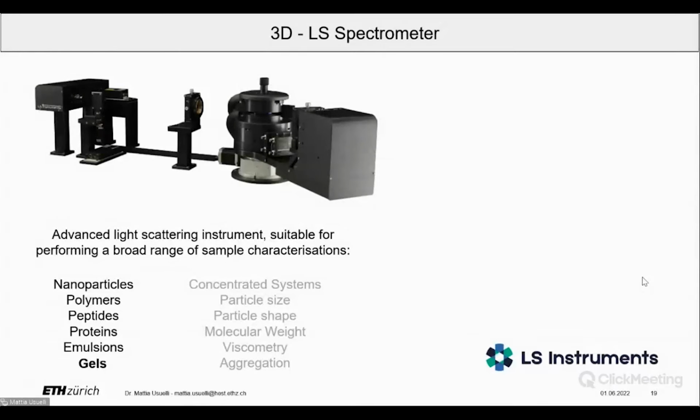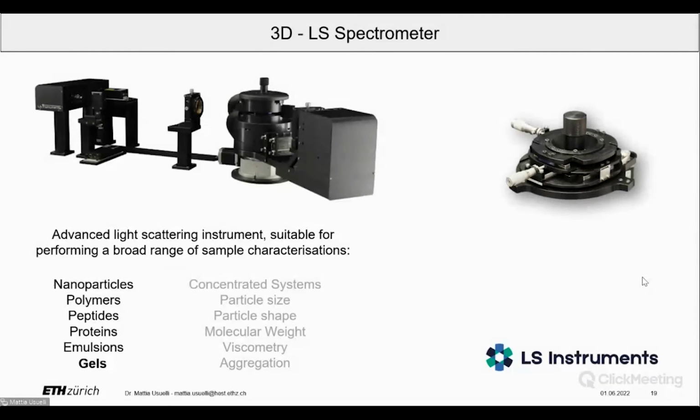We mentioned before that to perform the ensemble average measurements, we need to rotate the sample. Well, the LS spectrometer actually provides a sample goniometer.